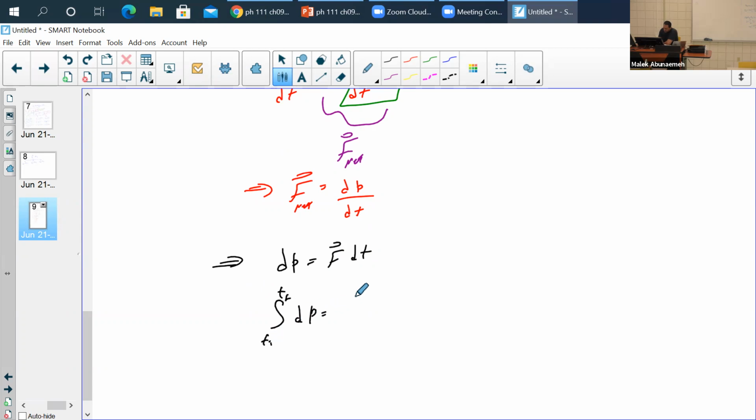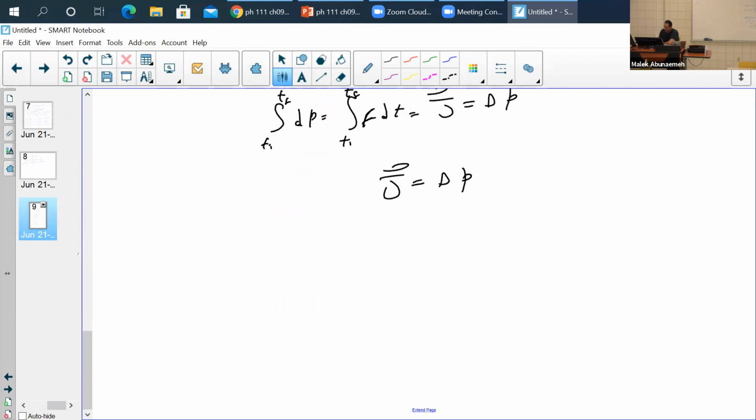D momentum is going to equal, again from t initial to t final, F dt. And again, this is going to equal your change of momentum. That means your impulse is going to equal your change in momentum. That means your J is going to equal your final momentum, like we saw earlier, minus your initial momentum.